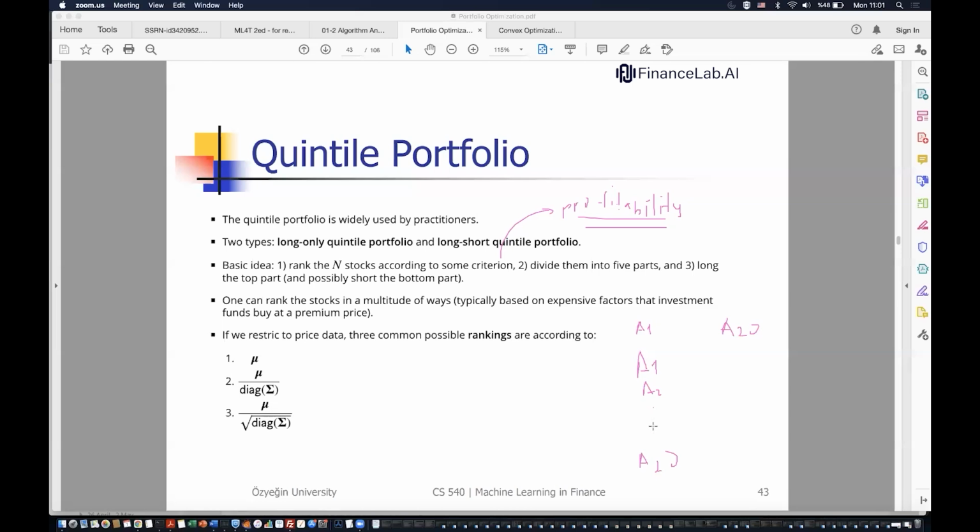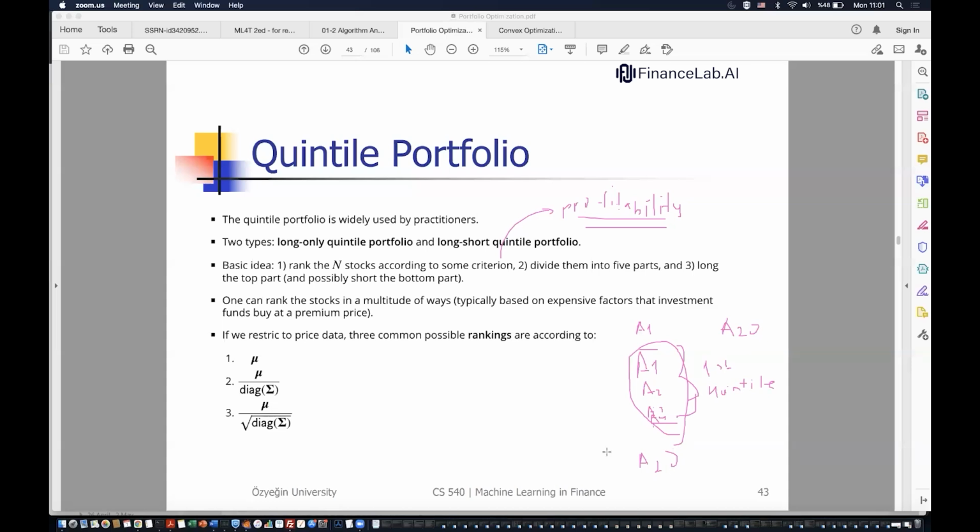So these are the assets, and here is A3 and A4. We divide them into quintiles. This is the first quintile, starting from A1 up to A4. In this case, we long only this top set of assets, and we are not interested in the remaining of them.